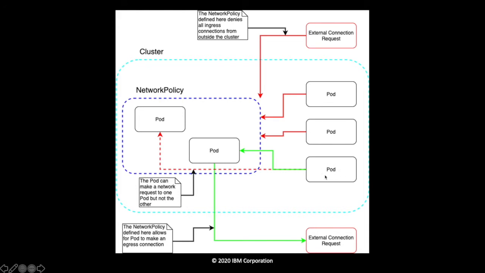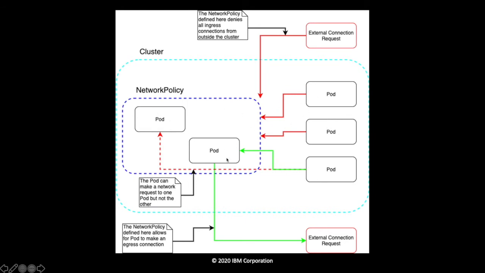However, this network policy does not allow for this pod to receive any network connection requests from this pod. So we see this red dashed line arrow, which means that this network request is denied by the network policy. And these two pods out here have no permissions or rules in the network policy that allow them to make connections to these pods.